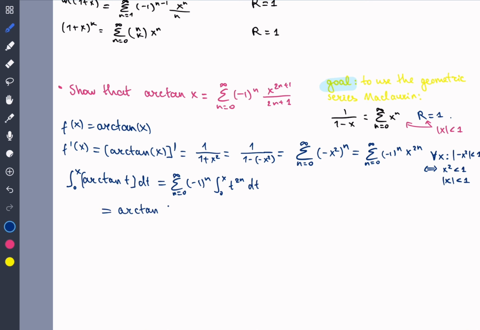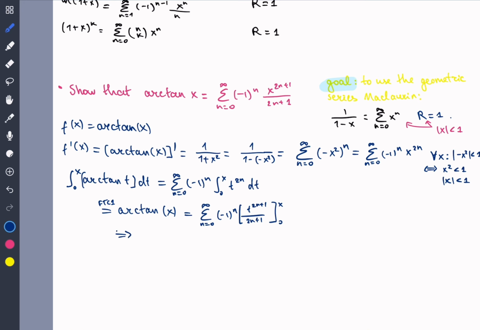On the left hand side we get arctangent x by the fundamental theorem of calculus part 1, and on the right hand side we get the sum from 0 to infinity of minus 1 to the power of n times t to the power of 2n plus 1 over 2n plus 1 computed from 0 to x.